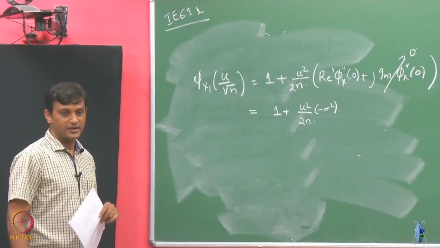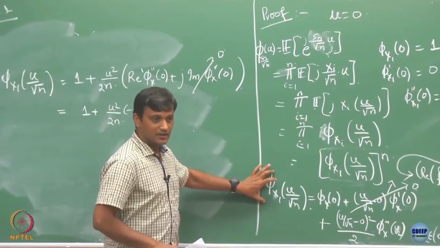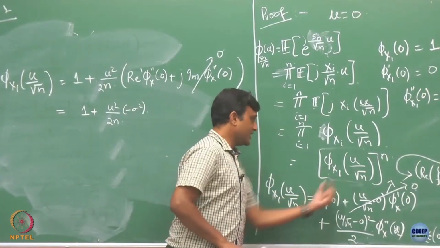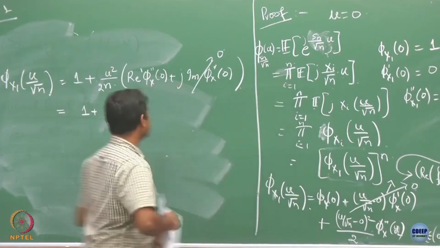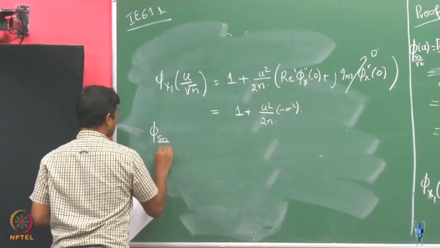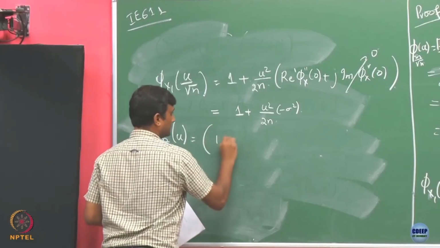I have just substituted the value for this. But what I am interested in is this quantity raised to the power n, which is my phi of Sn by root n. So let us go back to that: phi of Sn by root n at u is this whole quantity.